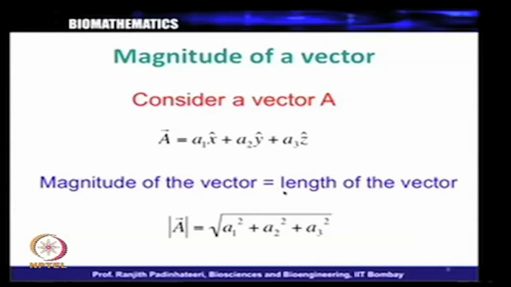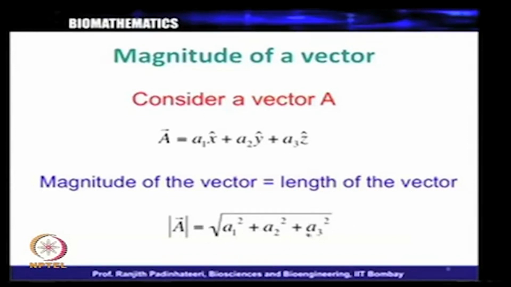The magnitude of the vector, or the length of the vector, is mod A, which is equal to the root of a1 squared plus a2 squared plus a3 squared: coefficient of x squared plus coefficient of y squared plus coefficient of z squared. So, this is the way to calculate the magnitude.